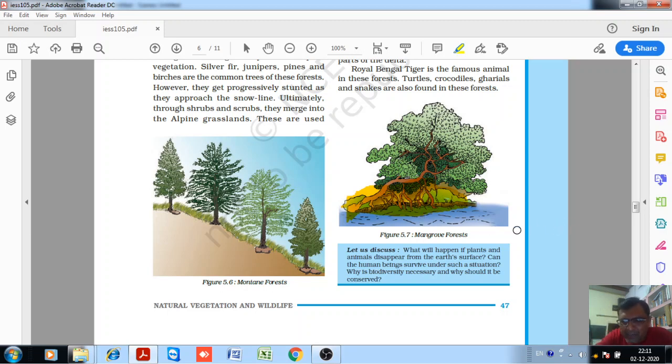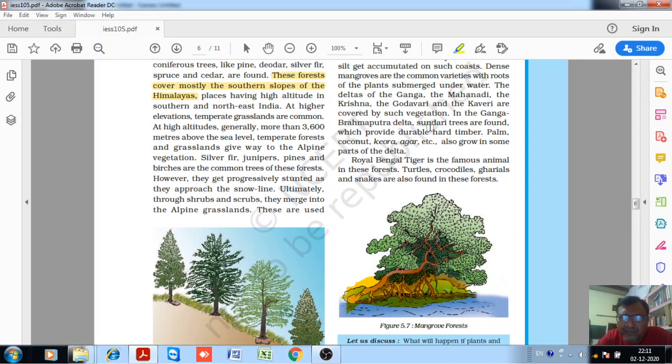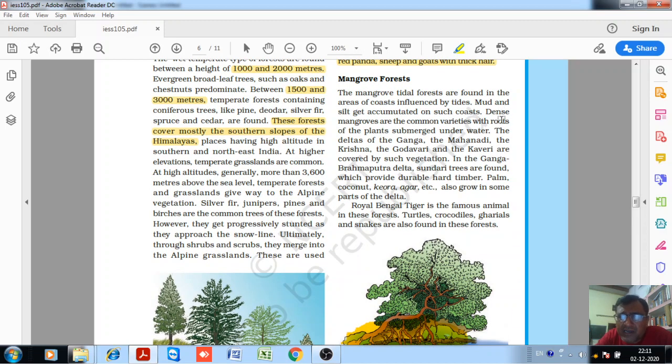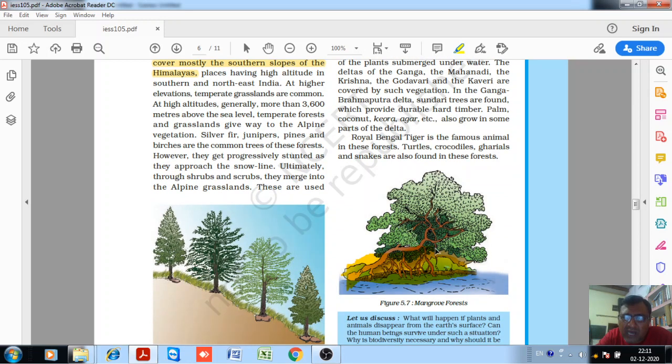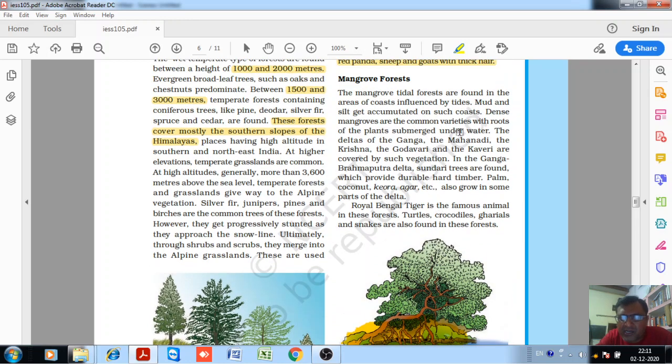Then when high tide happens, the water comes in around the roots. So dense mangroves are the common varieties with roots of the plants submerged under the water, because due to high tide and low tide, the mud and soil is eroded from here. So roots are submerged under the water.